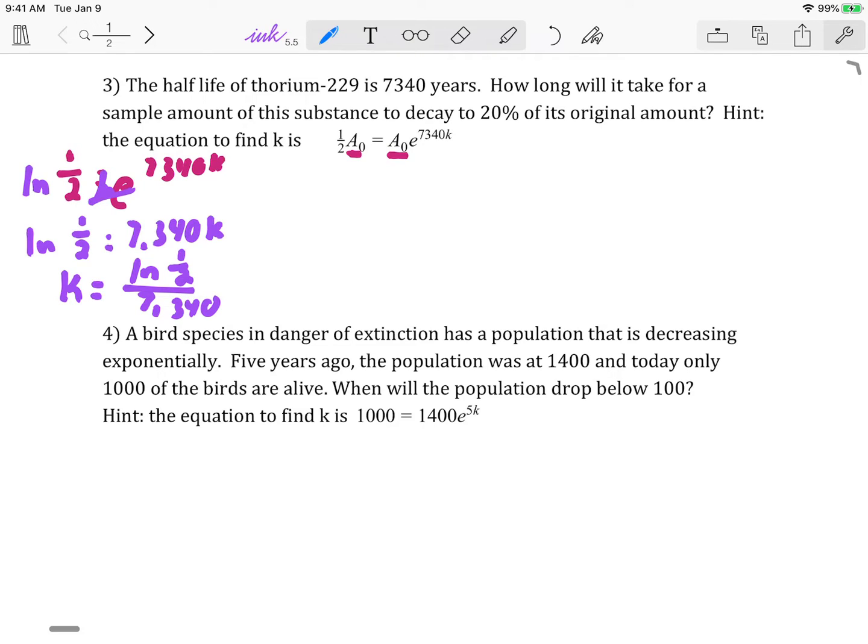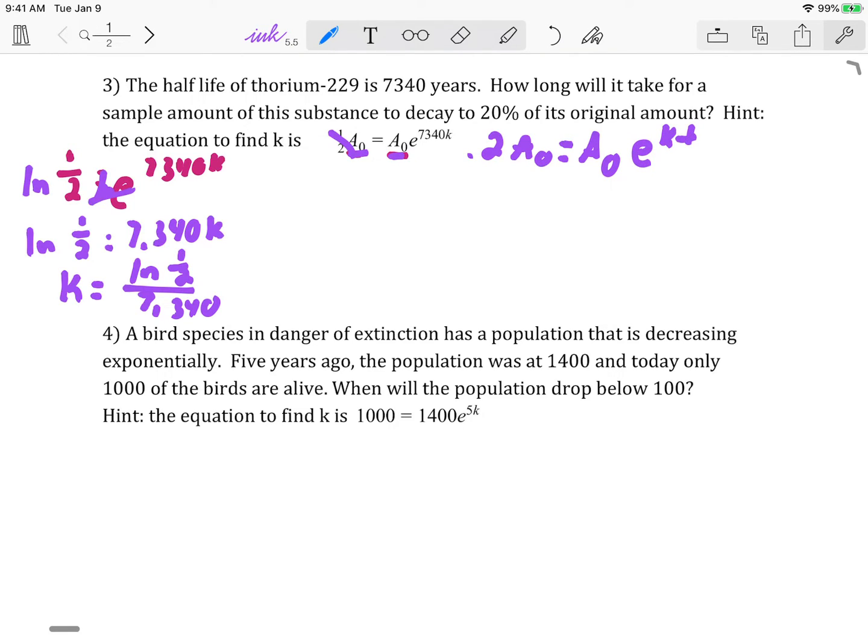Again, that a naught is the same on both sides, so that doesn't really apply. It's not half-life anymore, it's 20% of its original amount. So I'm going to put in 0.2 there. So 20% of the original amount is equal to the original amount times e to the kt.